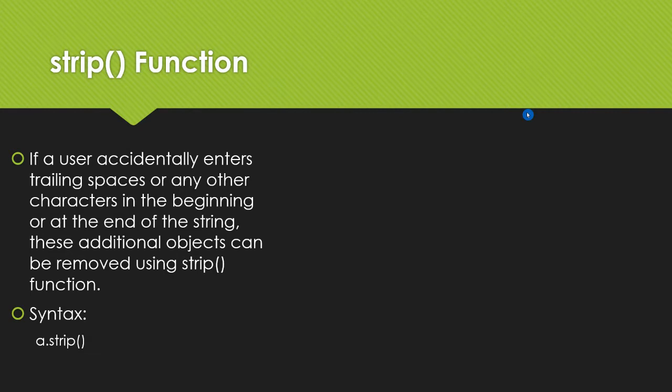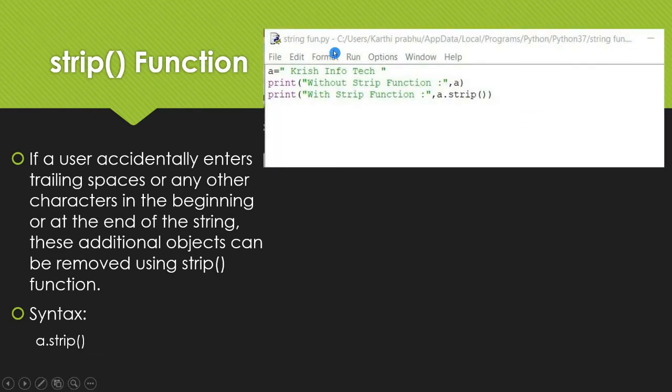Going to the example, here you can check, after this double quotation I just left a space, and even after the text gets over, I just left a space. So at the beginning and at the end we are leaving some extra space, which is not at all necessary. First I'm printing without the strip function.